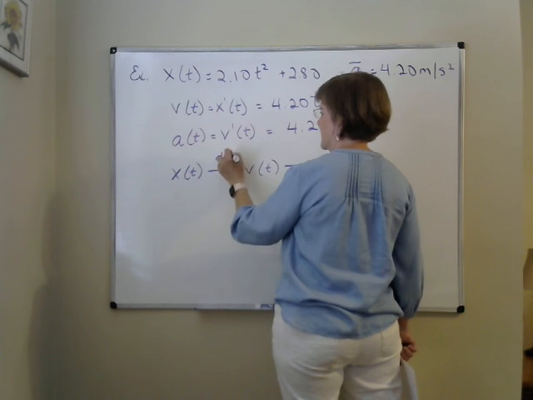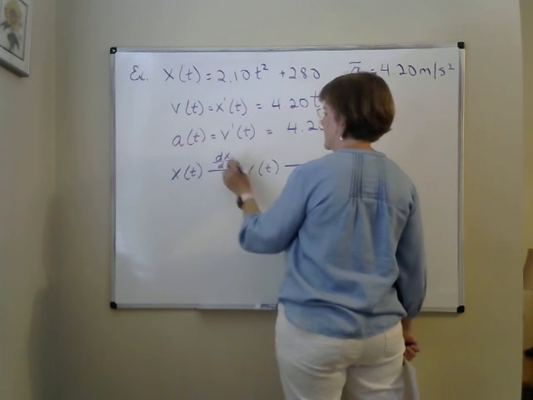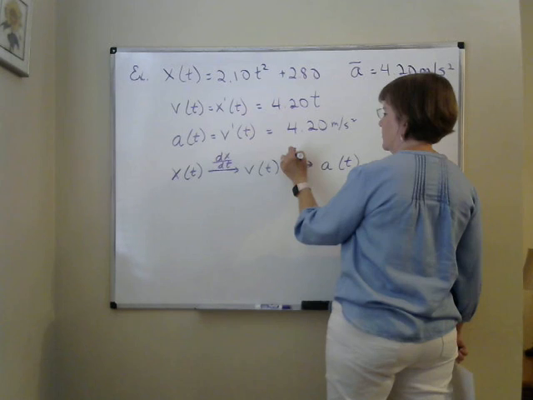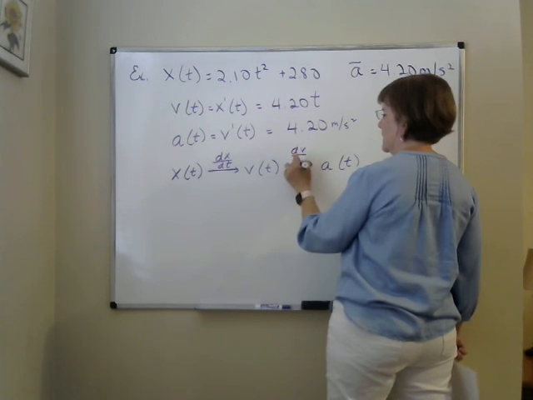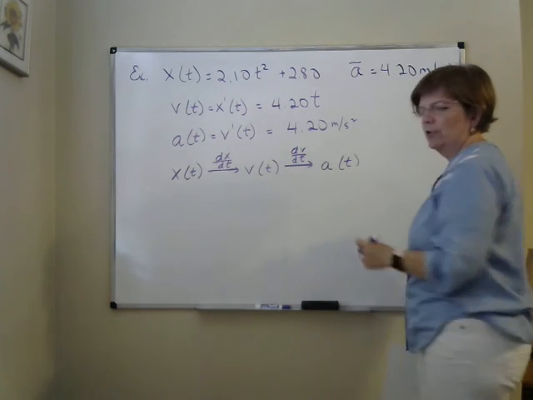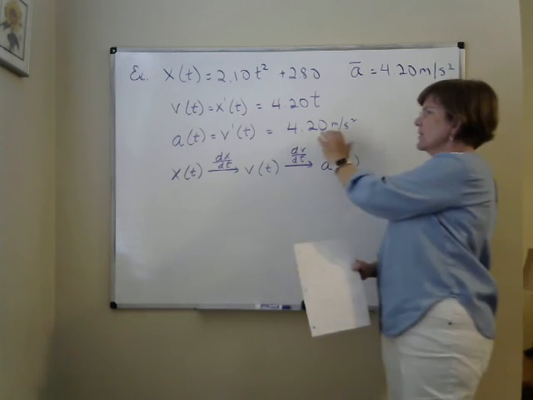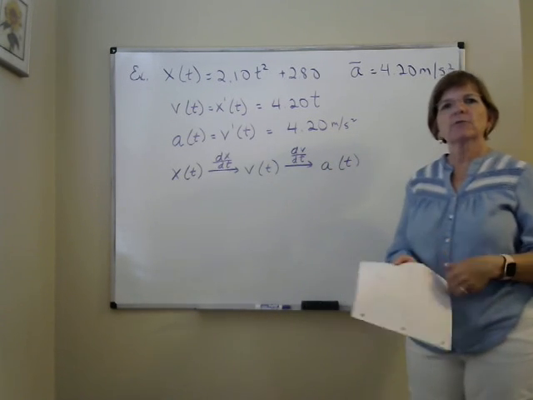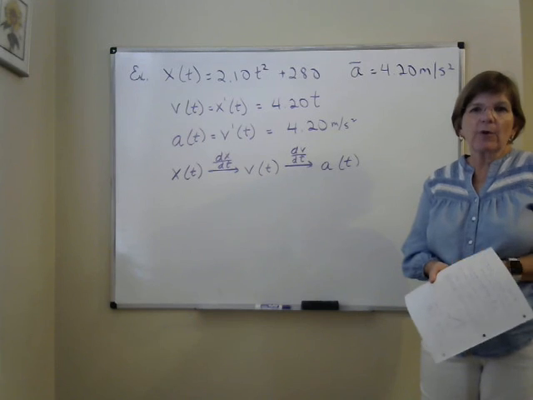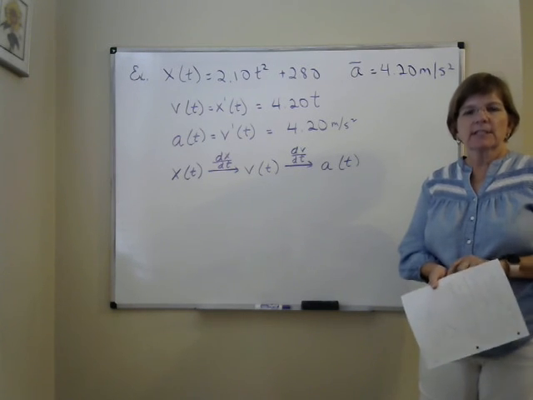You do dx dt, that's going to give you your velocity. You do dv dt, that's going to give you your acceleration. Now that we've found one that has a constant acceleration, in my next video I'm going to do lots of examples of solving problems that involve constant acceleration.